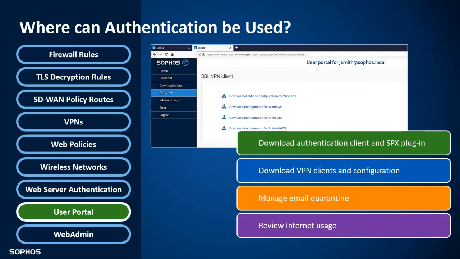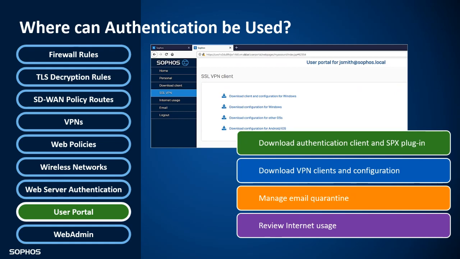The user portal allows users to manage their own quarantine, password, and internet usage, as well as download the VPN and authentication clients. This portal is accessed using HTTPS to the IP address of the firewall.